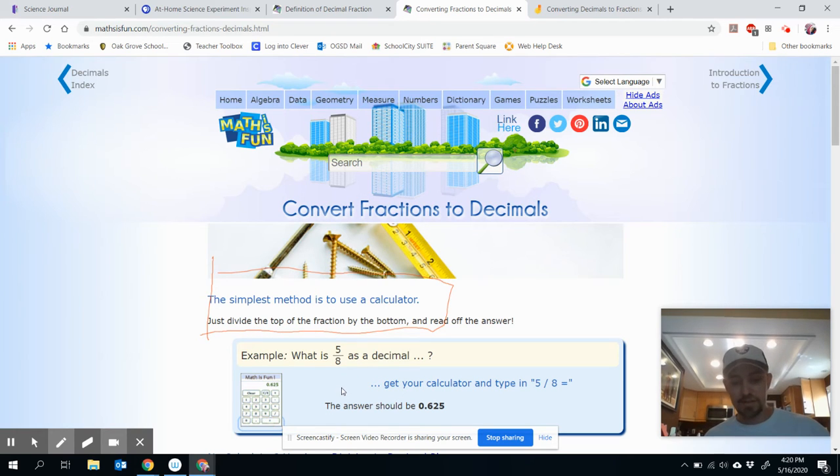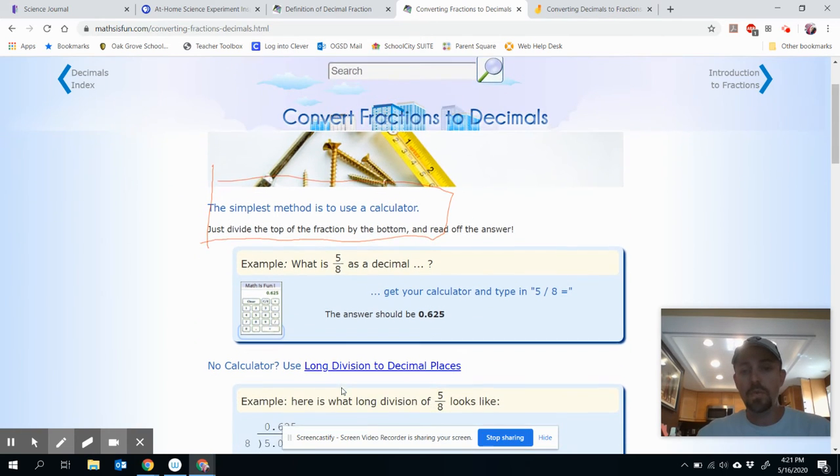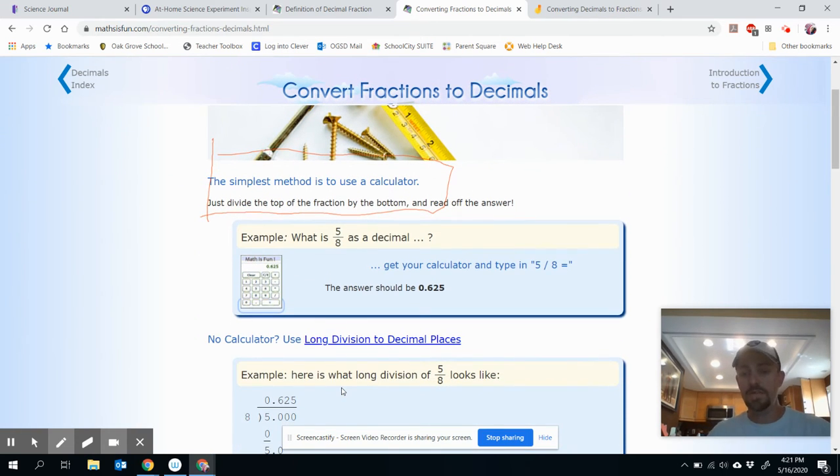So what is 5/8 as a decimal? What you can do is actually divide by your denominator. That is honestly probably the way that you're going to have to do it in most classes. Oftentimes you're not given access to a calculator, but you can simply divide by your denominator. You add your decimal point right there and annex zeros as needed.